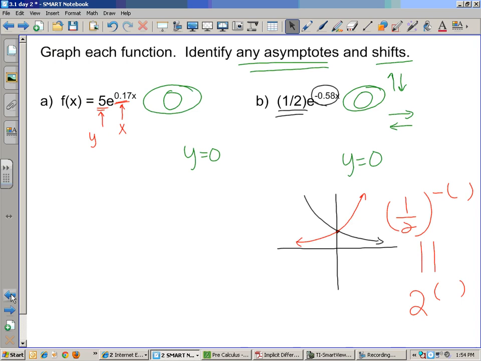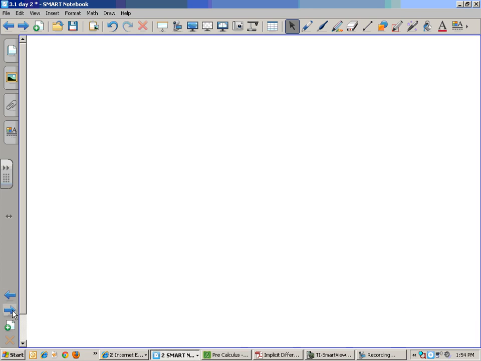So the red, this is actually a reflection over the y-axis. The negative is a reflection over the y-axis. Okay, so when we do e functions, natural log functions or natural base functions, we're going to use the calculator.